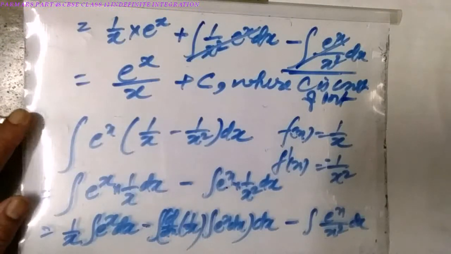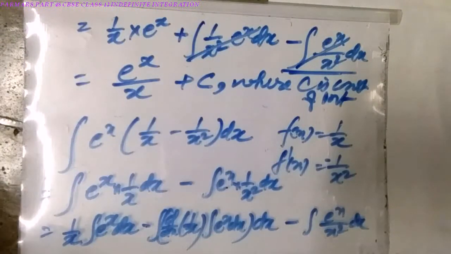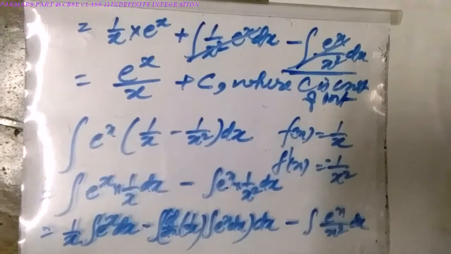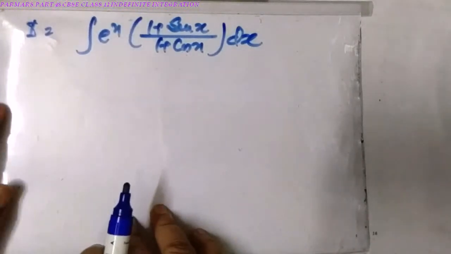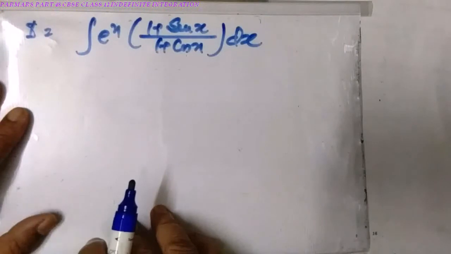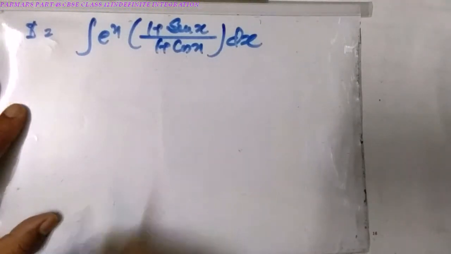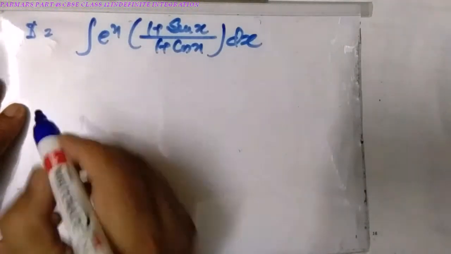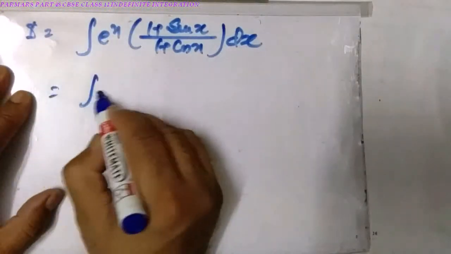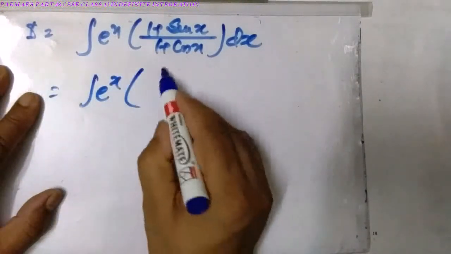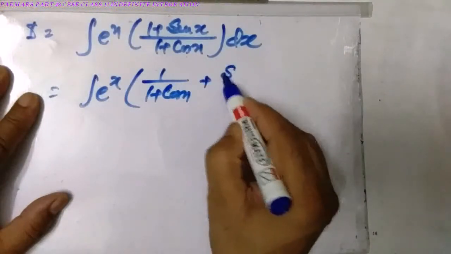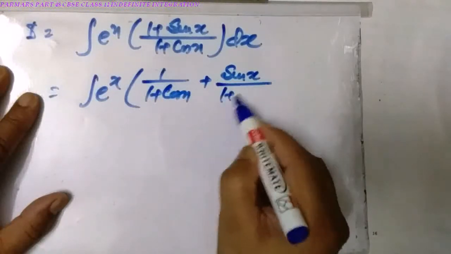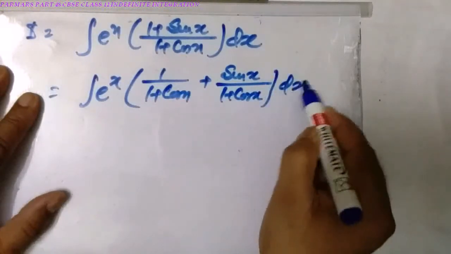So this is the second question I have taken based on this. Now I am going to take one more question. The question is integration of e^x (1 + sin x)/(1 + cos x). If you have some idea about the trigonometric identities of class 11, you will certainly jump to 1/(1 + cos x) + sin x/(1 + cos x) as y.